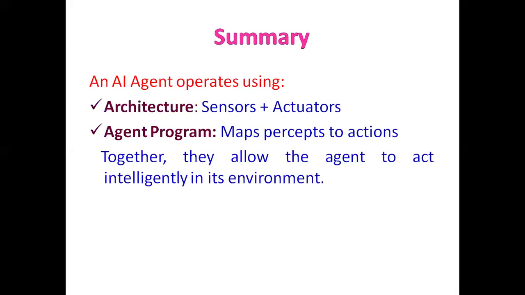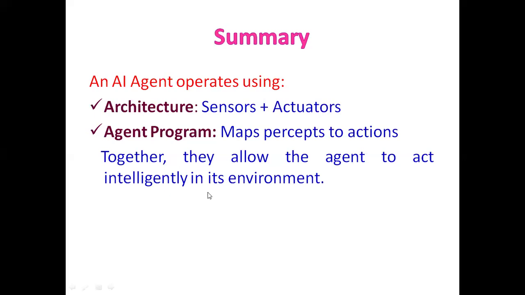So, coming to the summary, the AI agent, or artificial intelligent agent, operates through a combination of architecture and an agent program. The architecture consists of sensors, which allow the agent to perceive its environment, and actuators, which enable it to take actions. The agent program maps the percepts, the sensory input, to appropriate actions based on predefined logic or learning models.